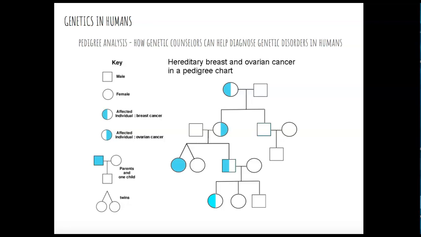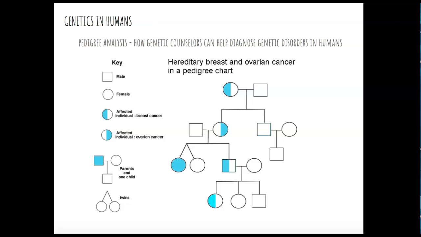And this is just essentially where we take known characteristics or diseases in parents or grandparents or any level of a family, and then look at their offspring and through successive generations to see how that trait gets passed down.